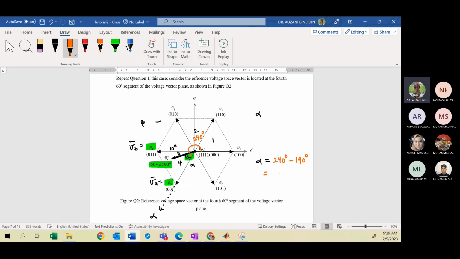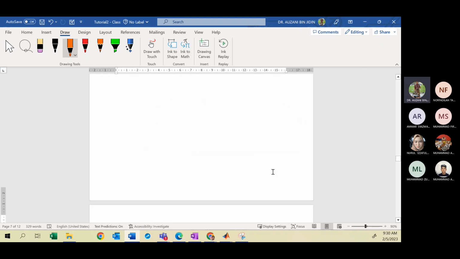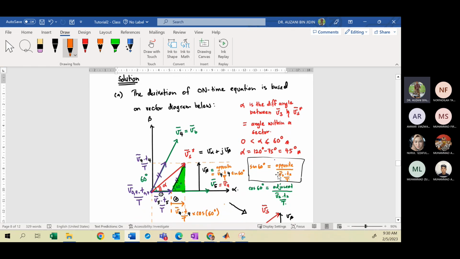Then you get the alpha is 50 degrees. Make sure that your angle must be in range 0 to 60. It cannot be larger than 60 or negative. That's why we define this angle as an angle within a sector. Okay, 50. So here your angle will be 50.